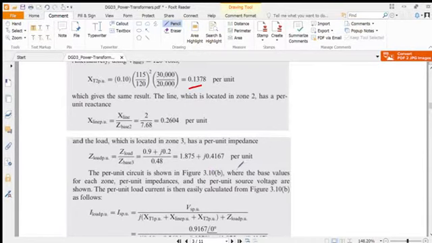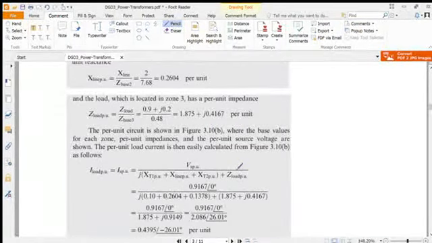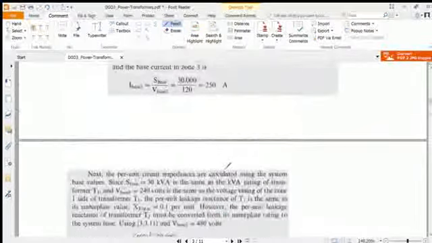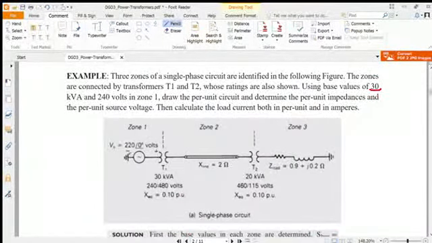So now we have to find the current. In per unit, the current is the voltage divided by the impedance.